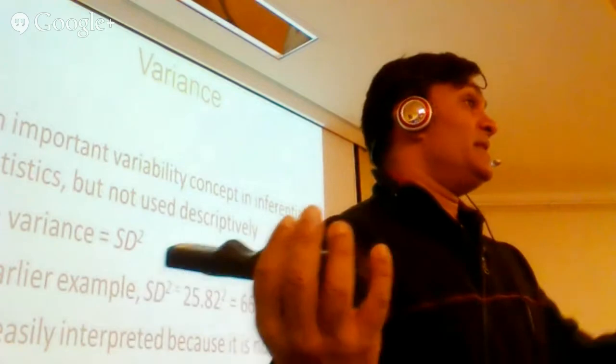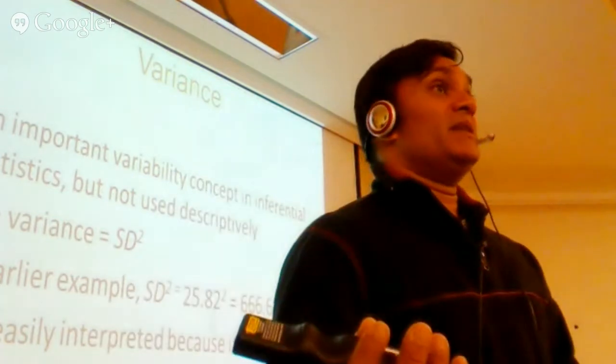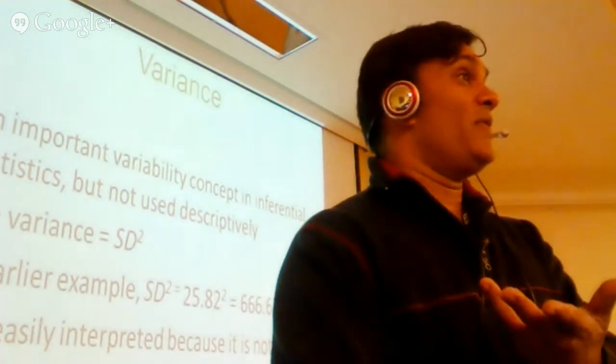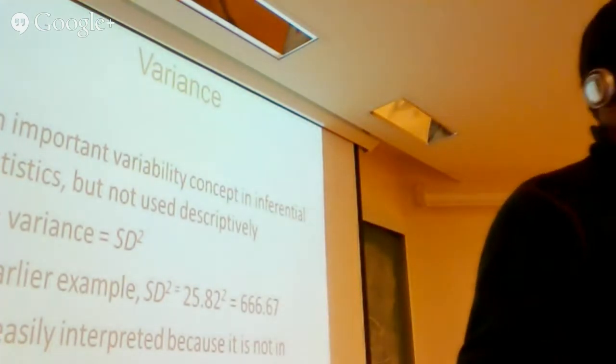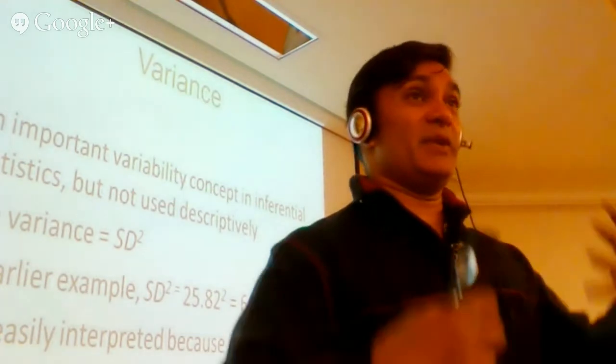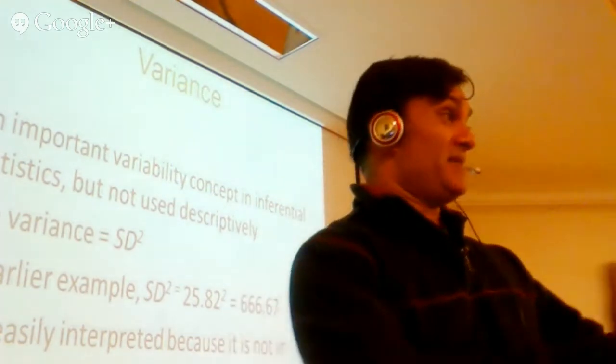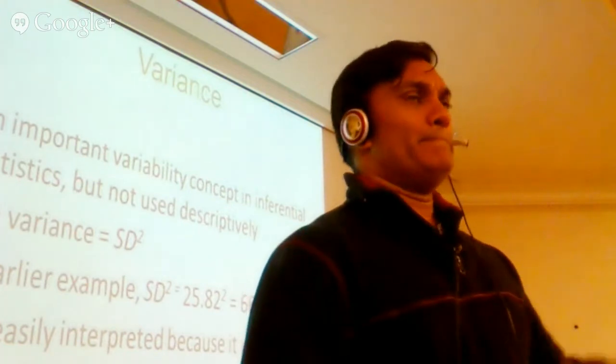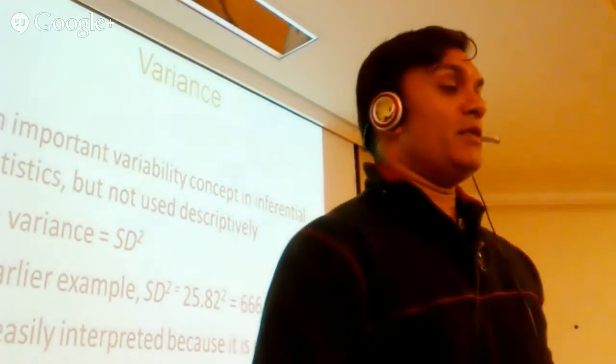So typically in my sample, the typical person was 25 pounds heavier than the mean. If I square that, what does square pounds mean? It doesn't mean anything. It's a mathematical kind of construct. It doesn't have any real meaning in the real world. It has a mathematical meaning. So that's why it's a little problematic. We won't go into it right now, but it's useful again in computing other things.